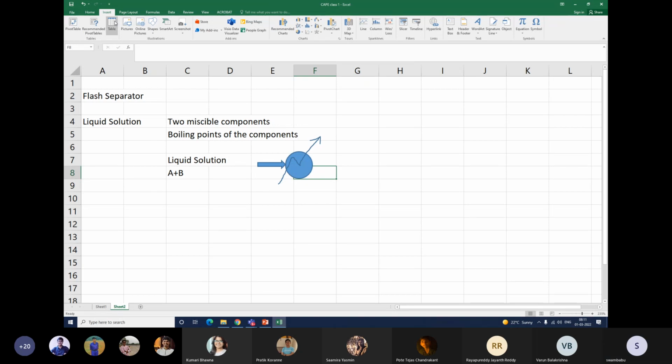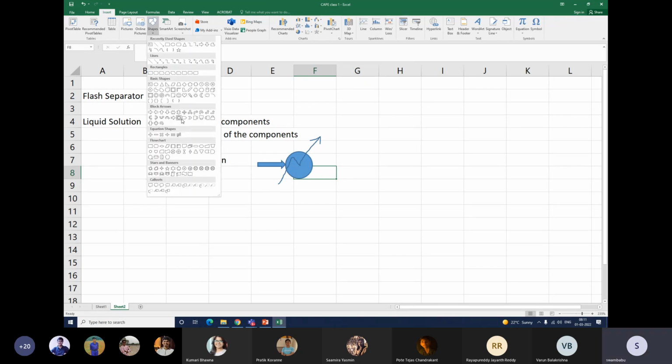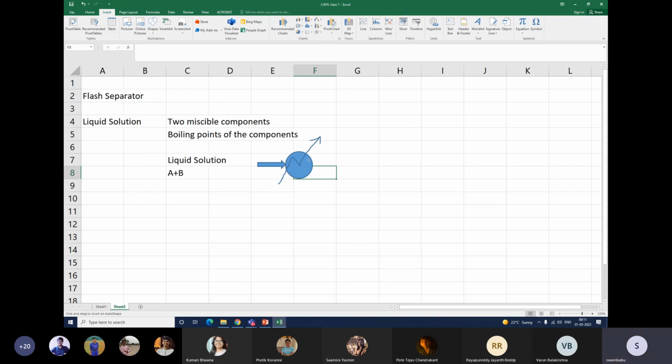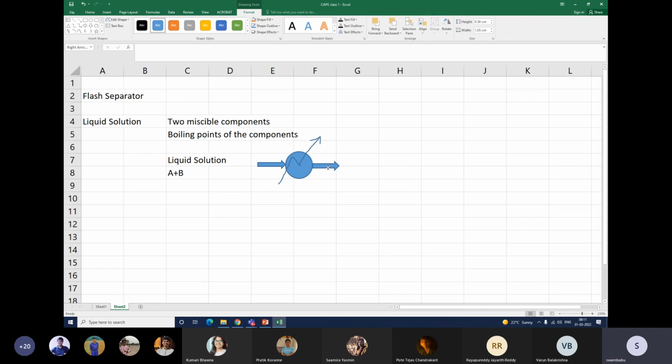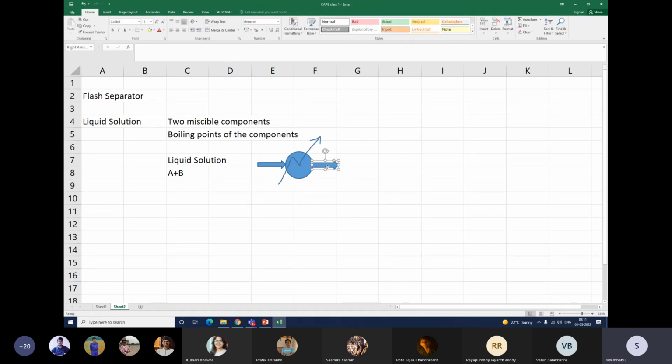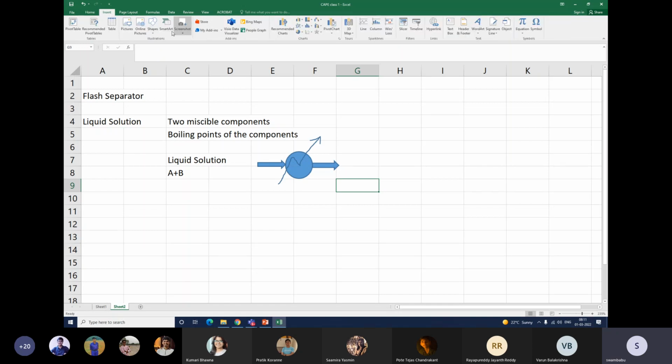Then it is introduced to where? After heating to a certain temperature, it will be introduced into which one? Any guess from the students? In flash separation, a liquid mixture is heated to a certain temperature at a certain pressure, then introduced into which one?